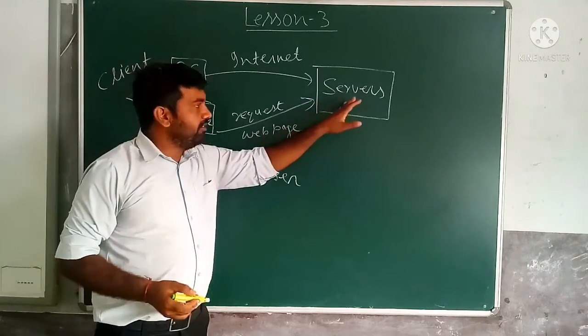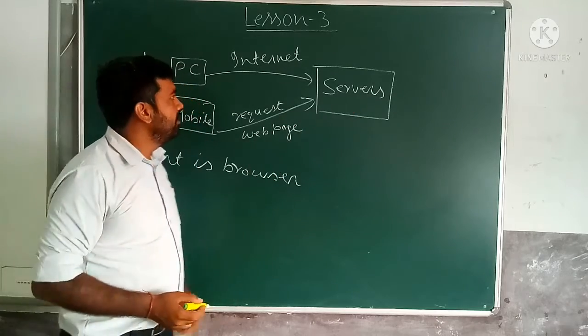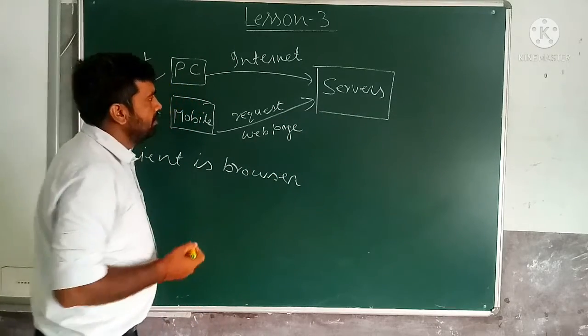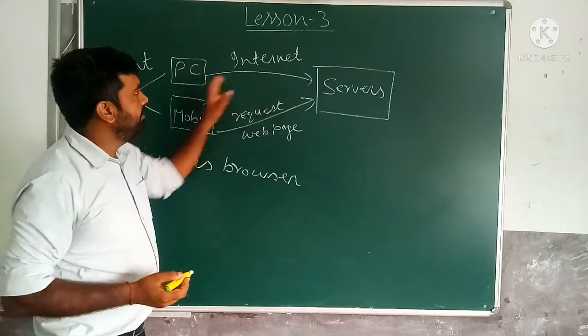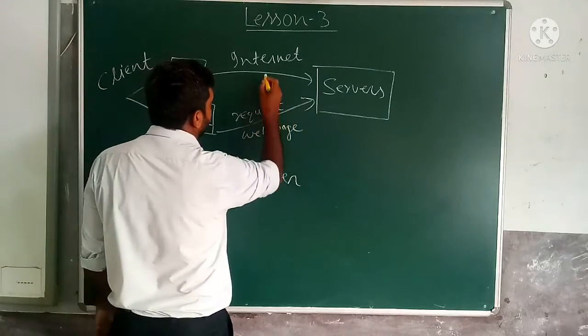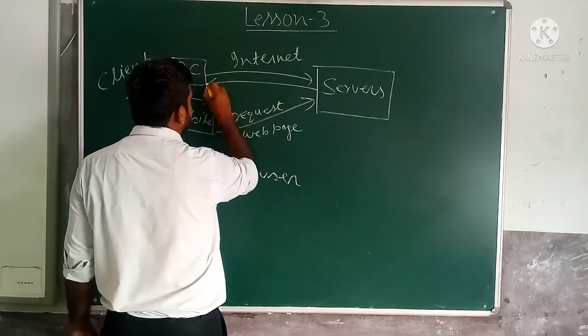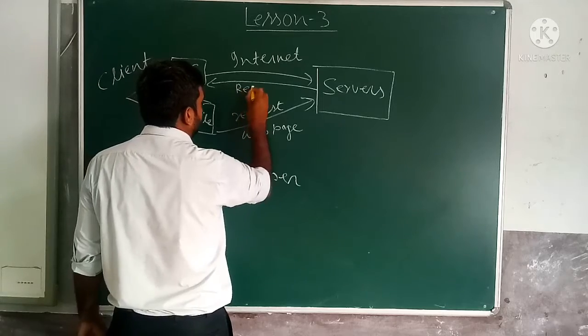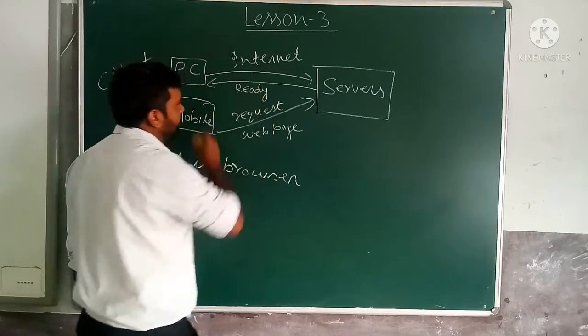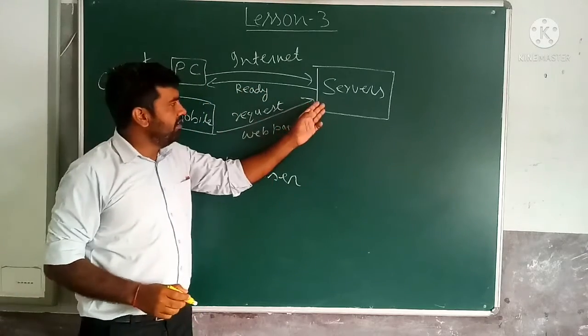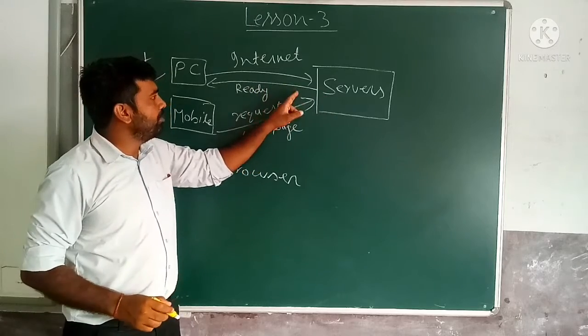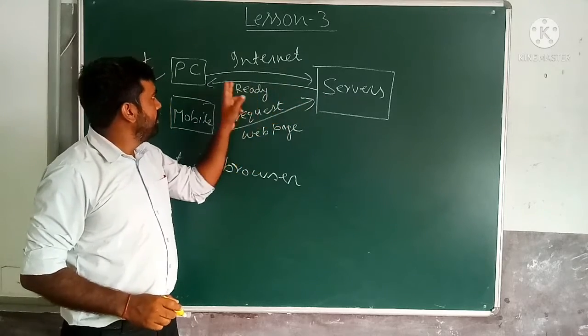Now, after getting this request, the server responds by giving a ready message. The server will send a ready signal, saying that you get ready, I am going to send the HTML file, the file for the web page.